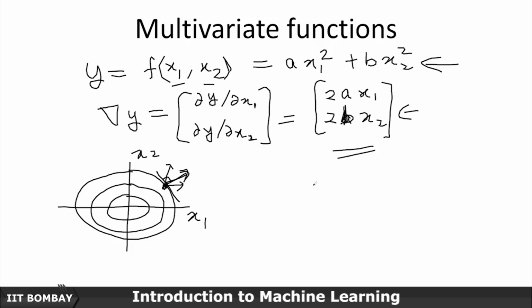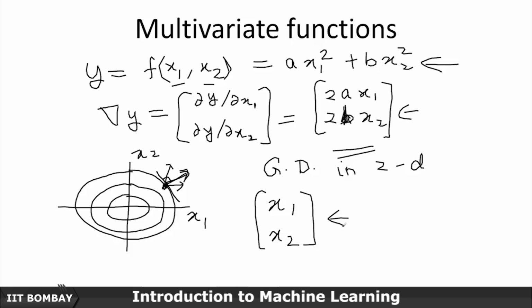So, now if I want to do gradient descent in 2 dimensions, then basically what I will say is that my x1 x2 has to be updated such that it is the old x1 x2 minus eta times gradient of y.